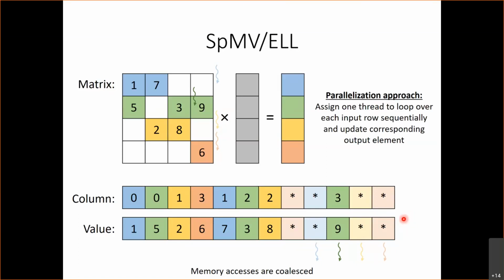CSR, right? So we haven't really changed the amount of work that each thread is doing when we go from ELL to CSR. It's true that the non-zeros are going to be to the left and the padding is going to be to the right. But in CSR, for the initial iterations, the threads are more likely to have non-zeros.